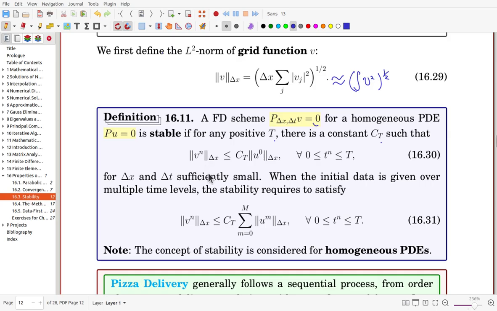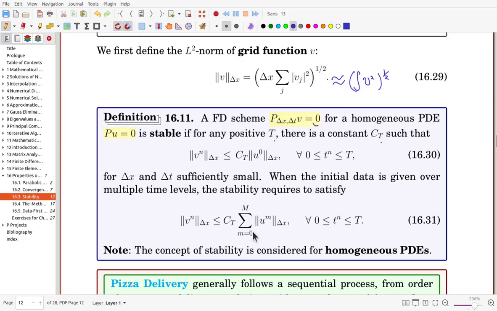Sometimes the initial data is given over multiple time levels. In that case, the stability must be changed in this way, so every possible input must be considered. In a sense, it's from 0 to m.